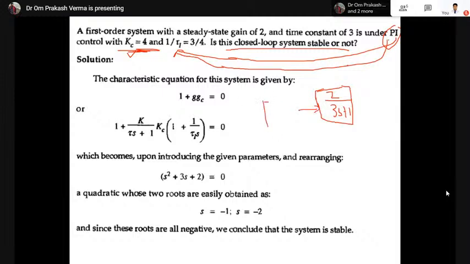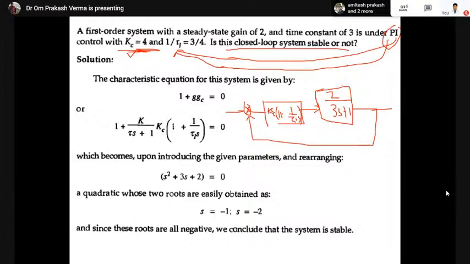PI controller means Kc into 1 plus 1 upon tau i s. This is the transfer function of any PI controller. This is the comparator, this is the set point, and from the comparator there is a feedback. This is the block diagram.